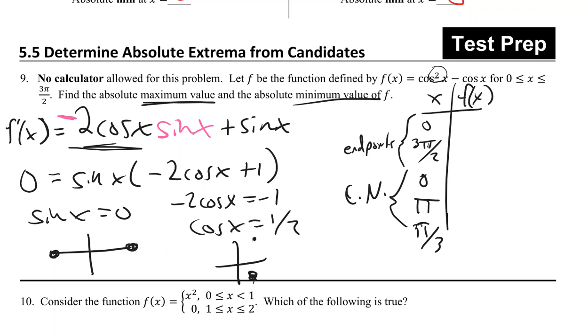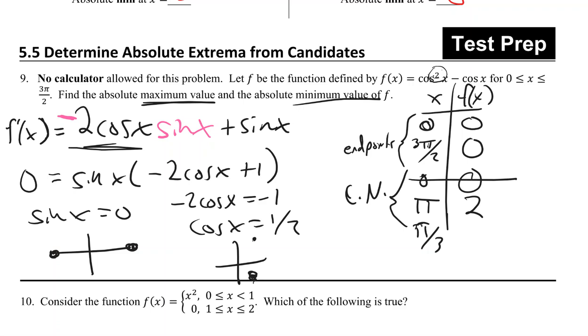So there was 3 critical numbers, 2 endpoints, and then I started plugging those into the function. You plug 0 in up here, you get 1 minus 1. Plug in 3 pi over 2, you get 0 minus 0. Oh, I don't need to do 0 twice. If I already plugged in 0 once, I don't need to plug it in twice. You're going to get the same value. So if I plug in pi, I got 1 minus negative 1.